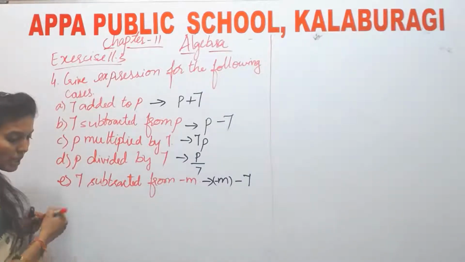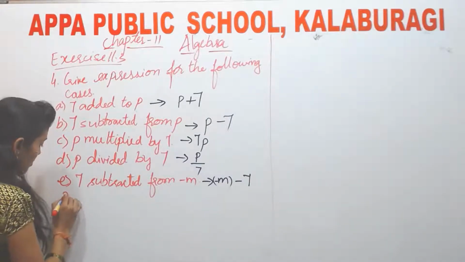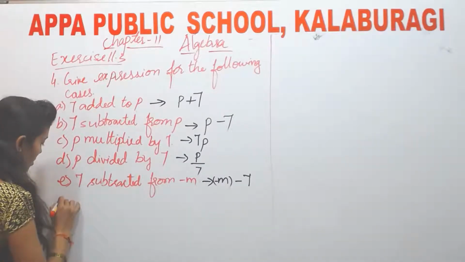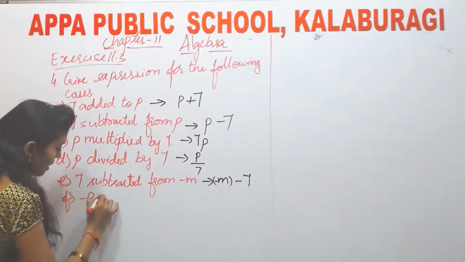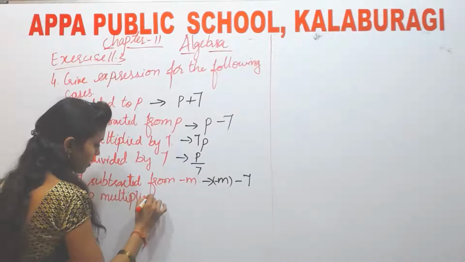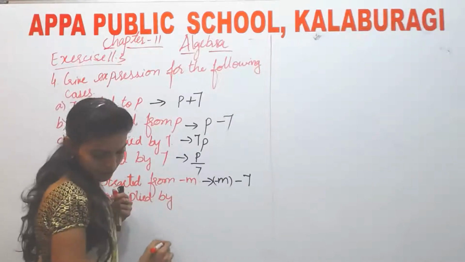Minus p is multiplied by 5. Minus p multiplied by 5.